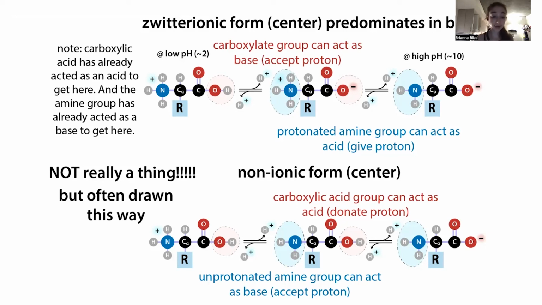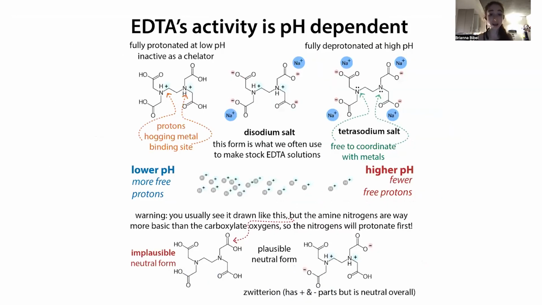And the exact same type of thing is happening in the case of the EDTA. When we go down to a really low pH, yeah, we'll get those carboxylic acid groups protonated. But before we get those protonated, we'll have protonated these nitrogens. And so the neutral form of EDTA is not this version where you have all the carboxylic acid groups as carboxylic acid as opposed to carboxylate.